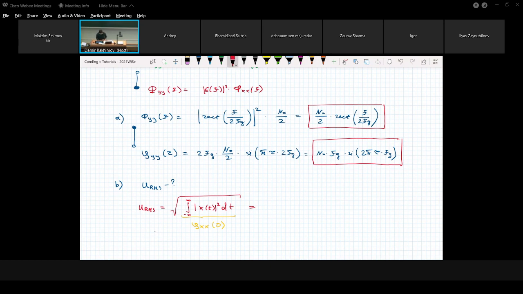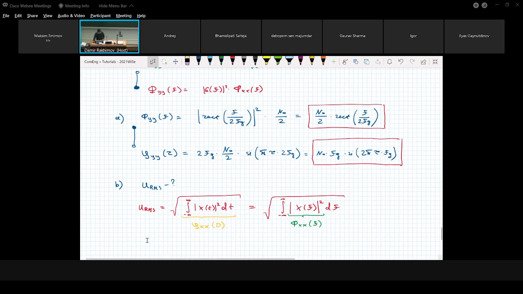On the other side, you can calculate the same RMS value, as I said, from the frequency power spectrum density: the value of X of f squared, then you integrate it over the whole range of frequencies and calculate the square root. This value of X of f squared, without the integral, is our power spectrum density, Ixx.